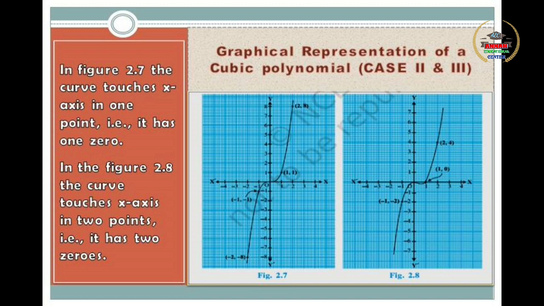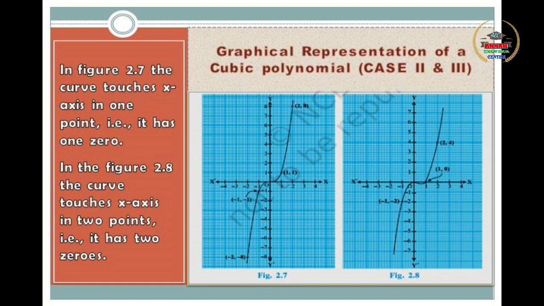It is touching the x-axis in just one point, so it is going to have only 1 zero. Now in figure 2.8, the second graph, you can see that it is touching the x-axis in only 2 points, that is the points 0 and 1. So it is going to have only 2 zeros.